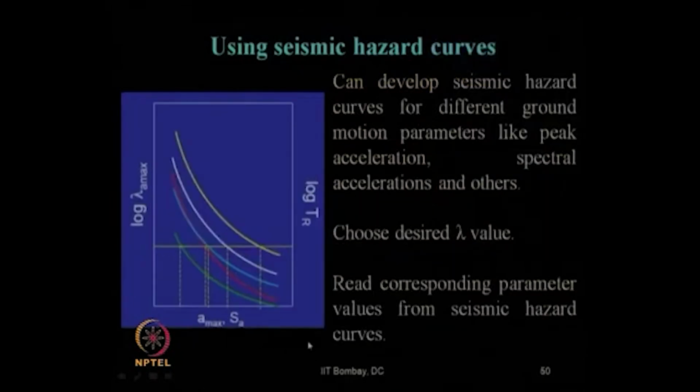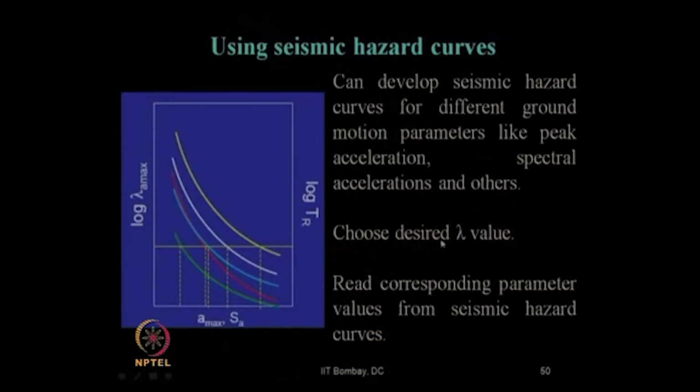So, let us look at an example. You can develop the seismic hazard curve for different ground motion parameters. Like this lambda value we can generate for a given y star. We have mentioned that y can be PGA, spectral acceleration, spectral velocity, anything, right. You can generate it for peak acceleration, spectral acceleration, or any other parameter.